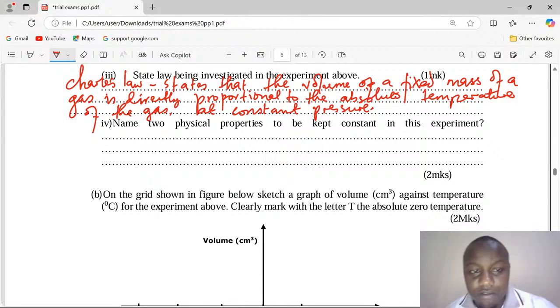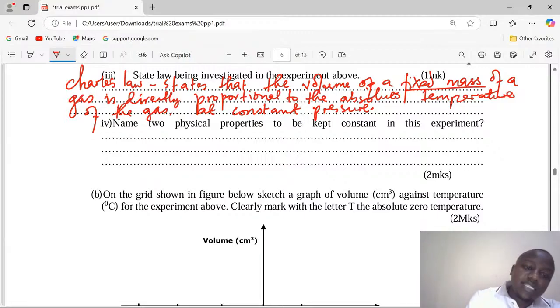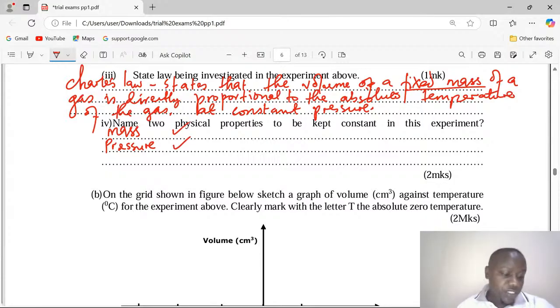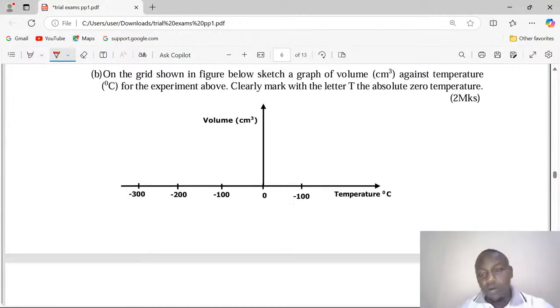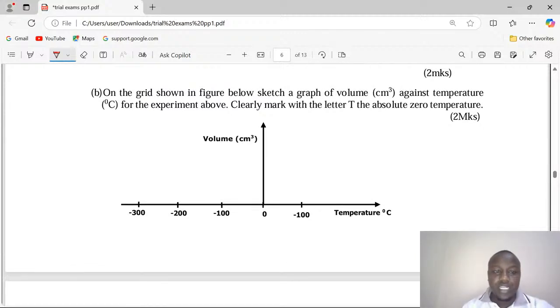The law states that the volume of a fixed mass of a gas, fixed mass. So mass has to remain constant. Then another quantity is pressure, at a constant pressure. So pressure and mass are usually constant in the verification of Charles' law.